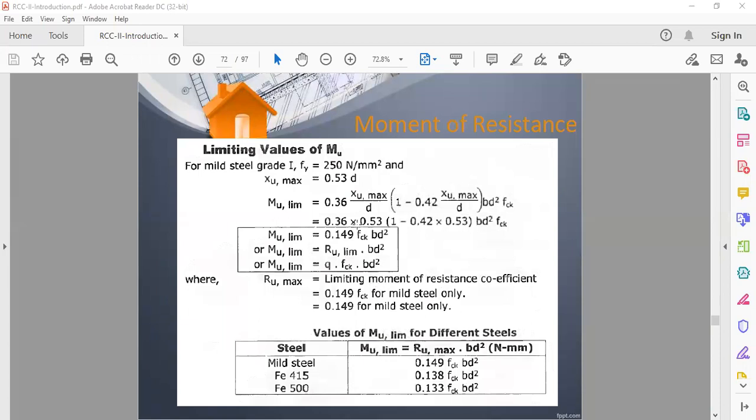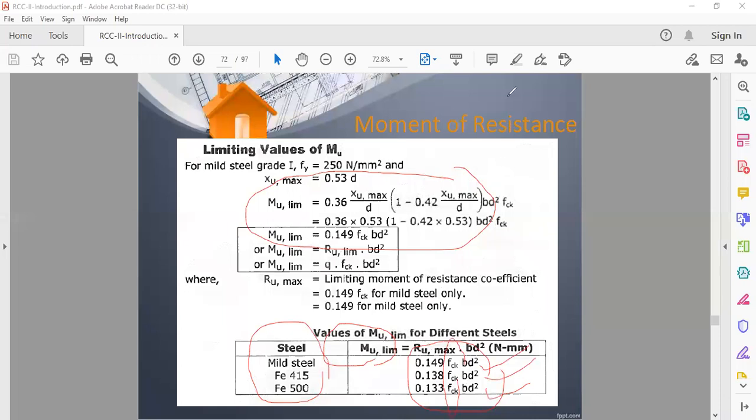And if you can remember, in IS 456 you will get just this formula, but these values, if you know them, are important, majorly if you look at any kind of competitive examination. In a competitive examination, you have to remember this formula, the limiting value for different steel, and it depends upon this and fck.